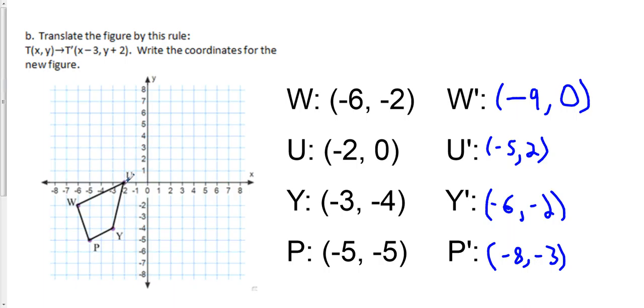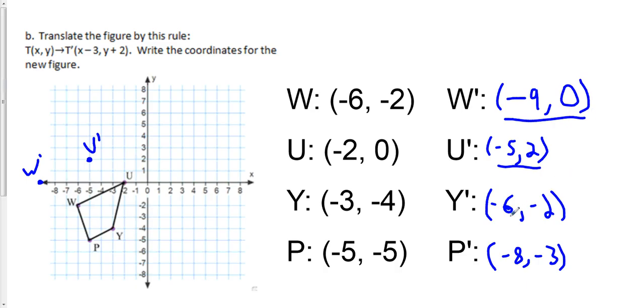Going from U, if we went left 3, 1, 2, 3, and up 2, 1, 2, that would put us at negative 5, 2, which is exactly what we had here. So this would be our U prime. From our W, if we went left 3 and up 2, 1, 2, 3, 1, 2, put us over here, which is exactly what we have here, negative 9, 0.